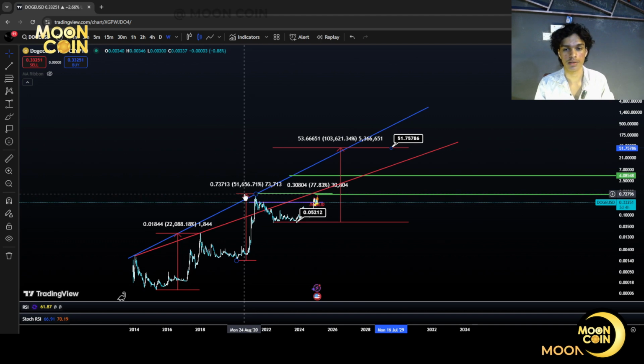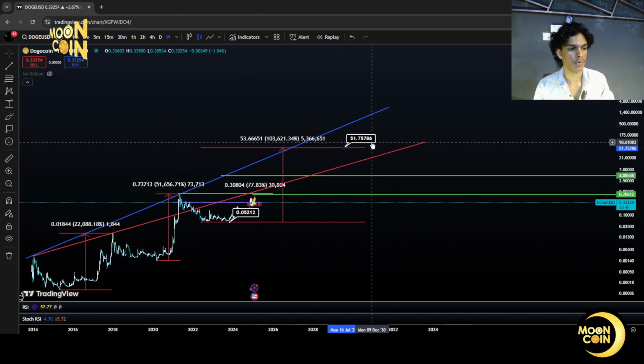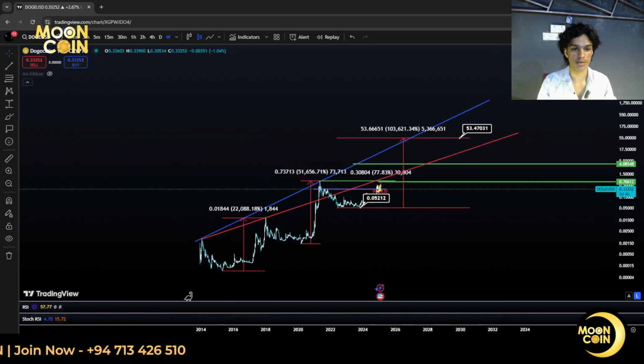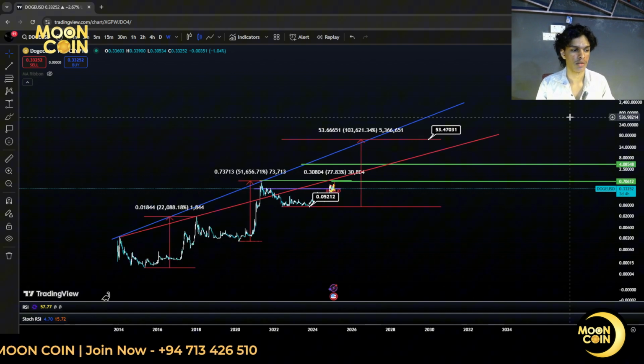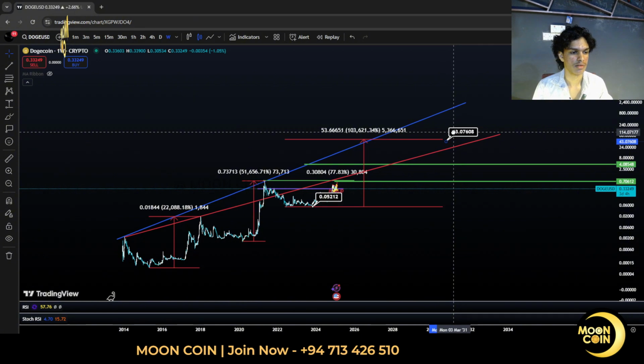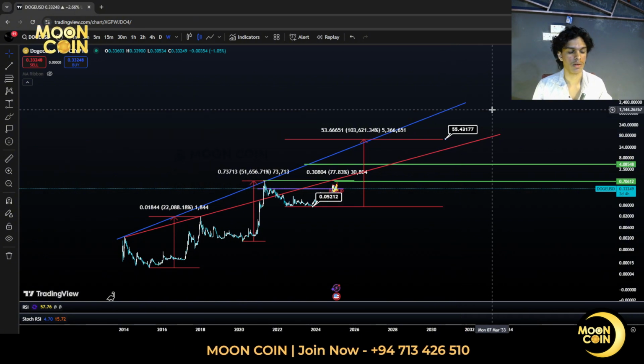It's $500, guys. And if you invested $10, that's $10,000, easy money, right? No one gives 30 lakhs in your hand for free, but the market gives. That's the thing. Okay, if you are holding for long term, you can hold till here.